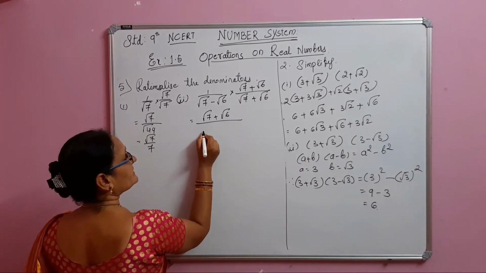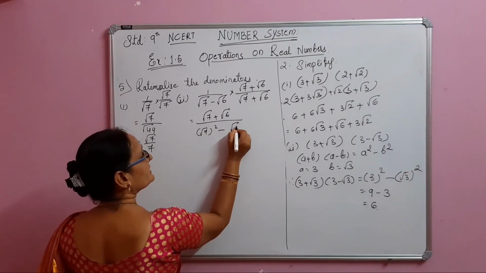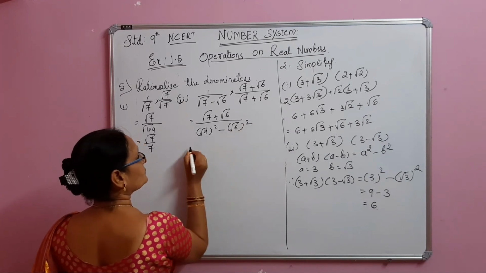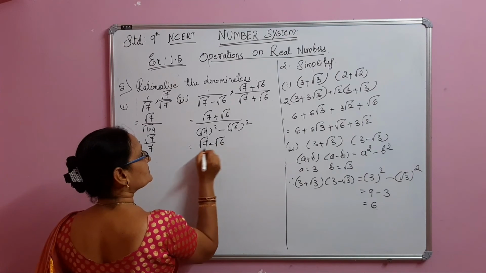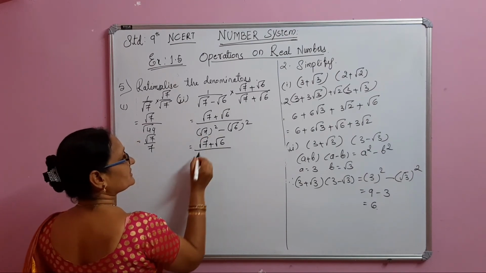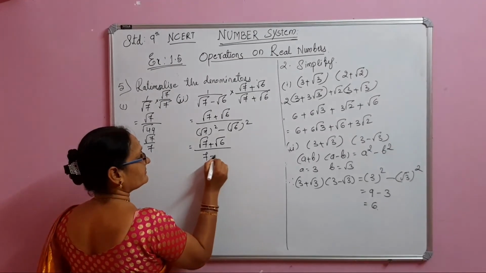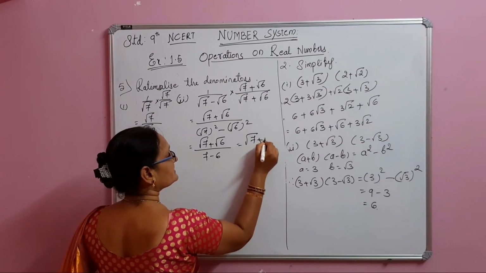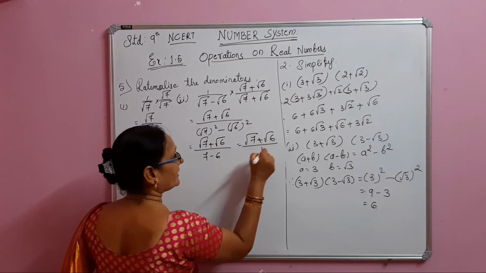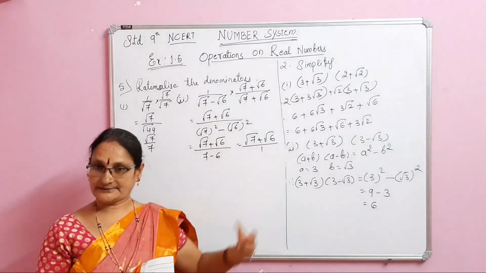That can be written as root 7 whole square minus root 6 whole square. Root 7 square means root 49. Root 49 means what? 7 minus 6. The answer is root 7 plus root 6 divided by 1. We have rationalized the denominator.